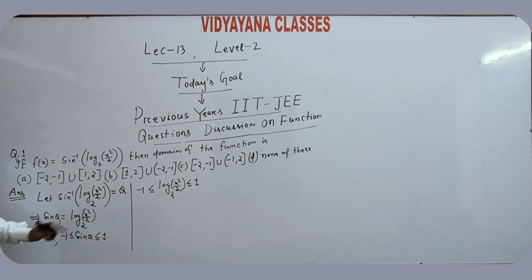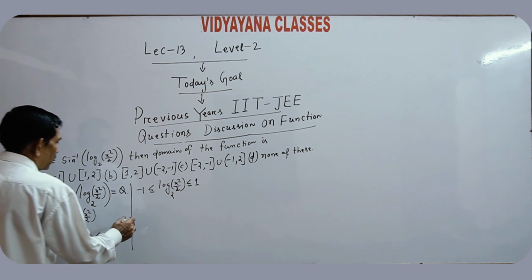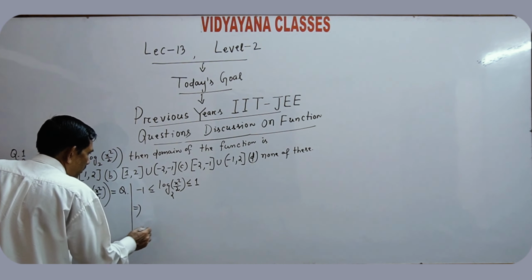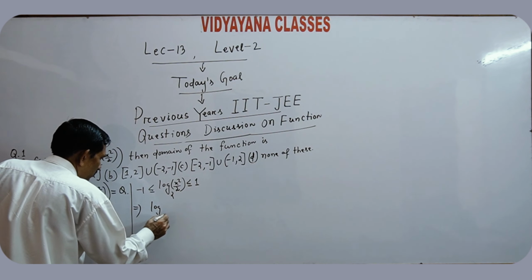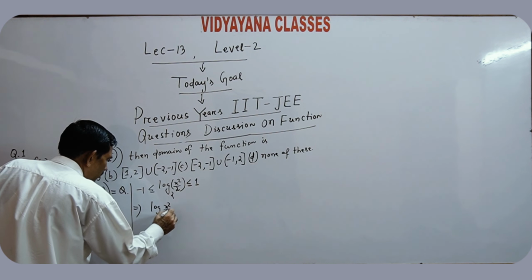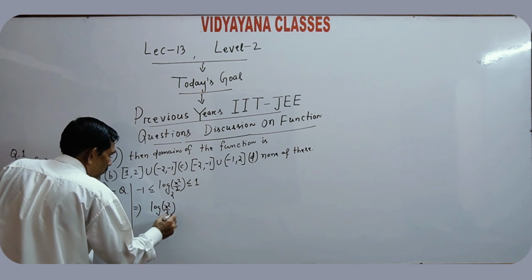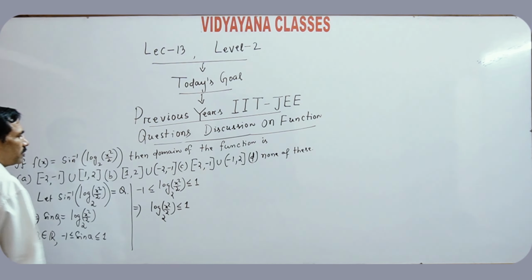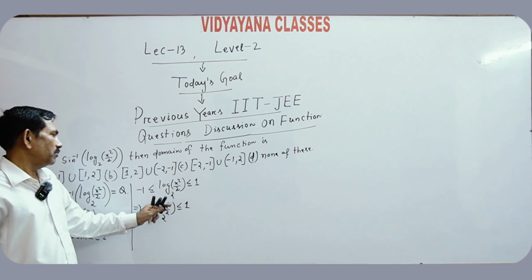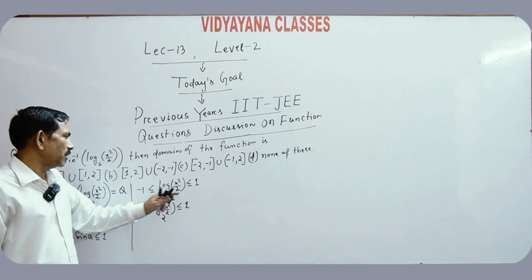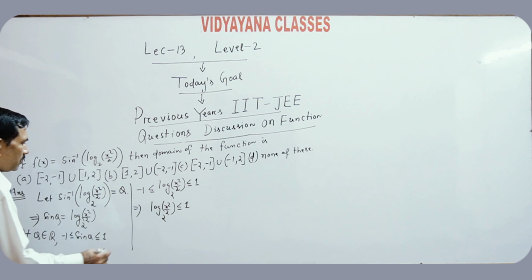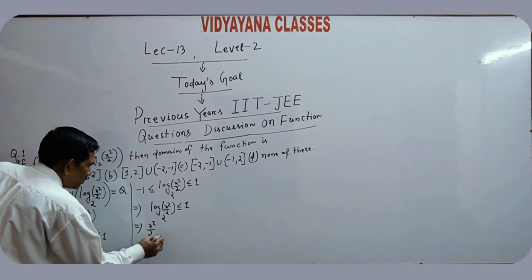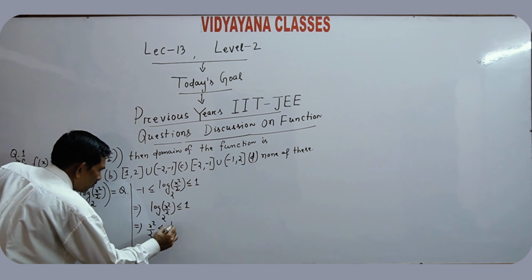This part, log of x squared by 2 with base 2 less than or equal to 1, implies x squared by 2 is less than or equal to 2 to the 1, equal to 2.